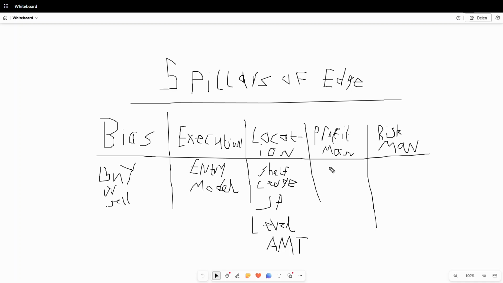And then profit management, in my opinion, is where do you want to take profits, when do you want to go break even, when do you want to close your position immediately. And the best thing in my opinion is to use profit management a lot with context.